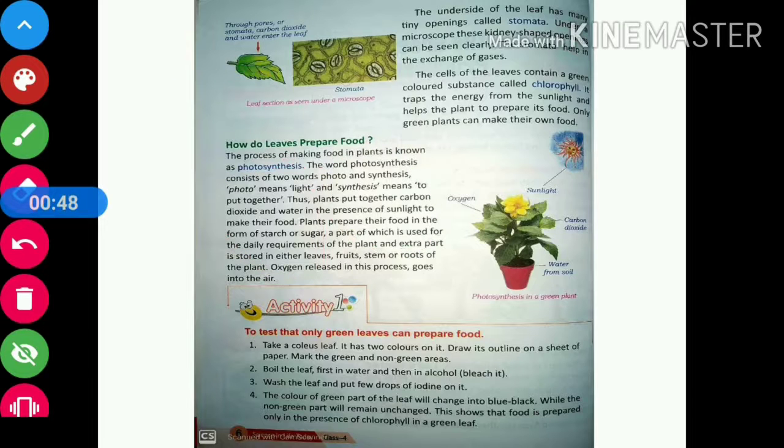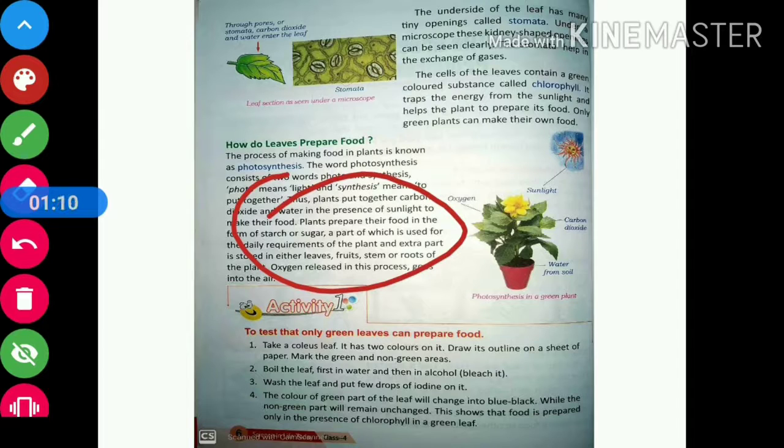Now, what does it put together? It puts together carbon dioxide and water in the presence of sunlight to make their food. And this food is stored in plants in the form of starch. And where is it stored? It is stored in leaves.